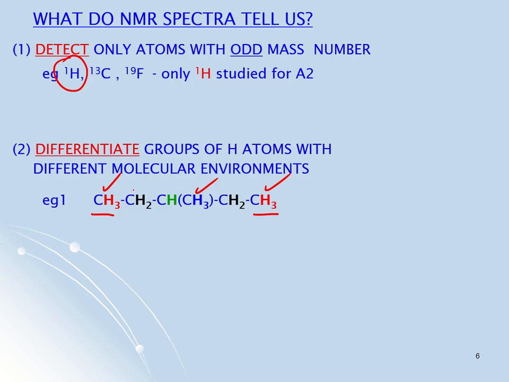If you look at it, they're attached to a CH2, which is attached to a CH, which is attached to a CH3, and if I go the other way, exactly the same sequence of atoms occurs. So those 2 CH3s are in the same environment. This CH3 here is in a different environment. And NMR machines have the ability to detect those being in different environments and allow us to know that yes, we have 3 CH3s in here, but 2 of them are in the same environment. One of them is in a different environment. So it's a really sensitive and useful piece of equipment.